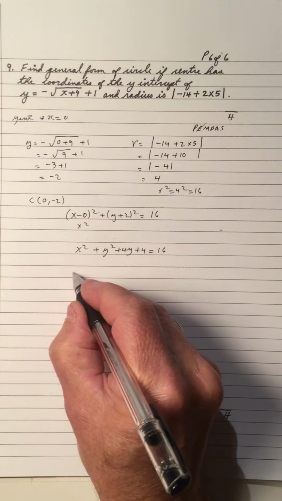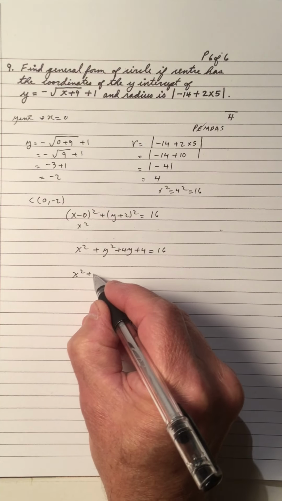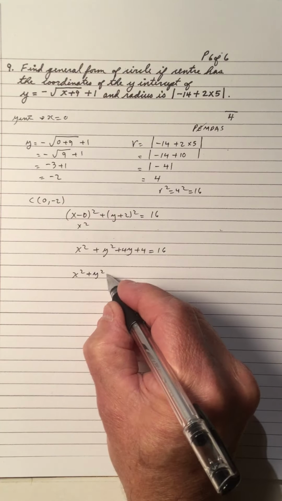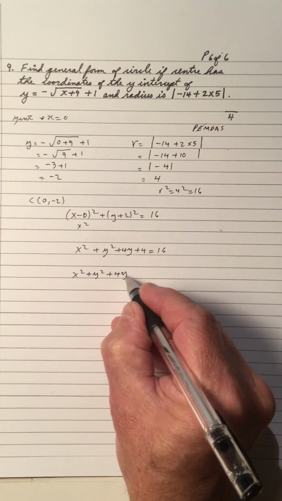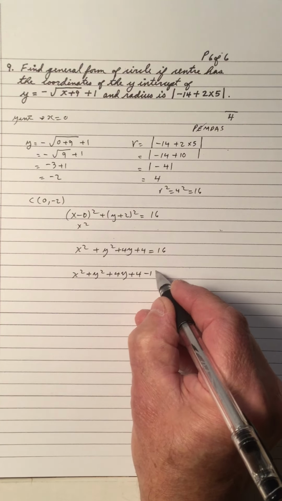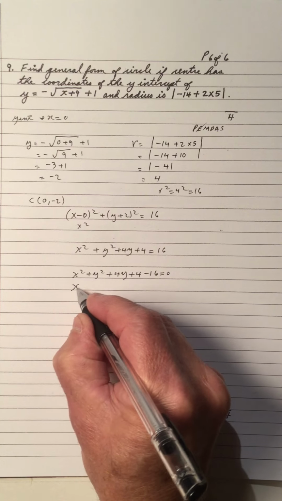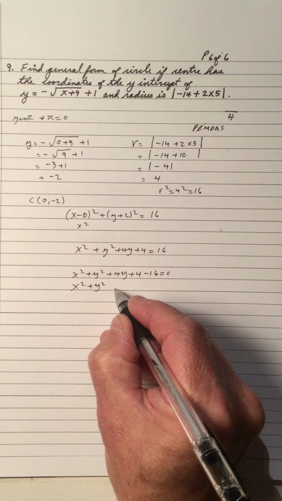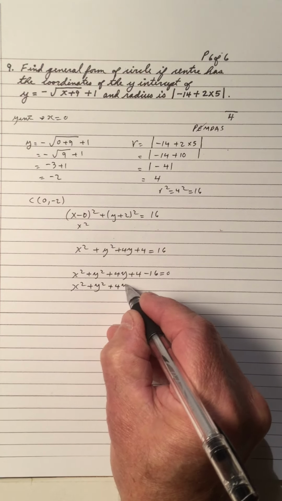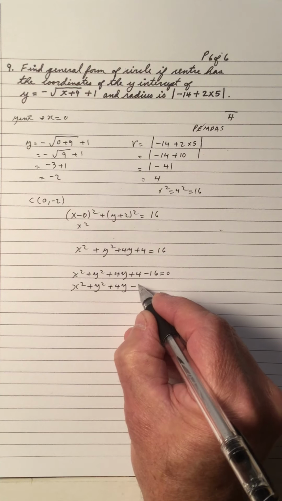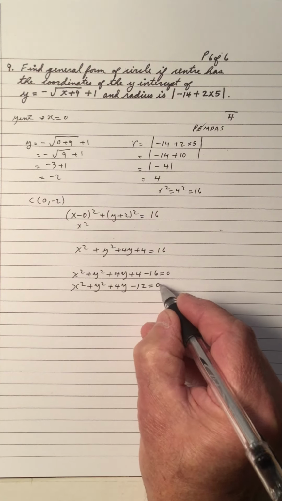So the equation is x squared plus y squared plus 4y minus 12 equals 0.